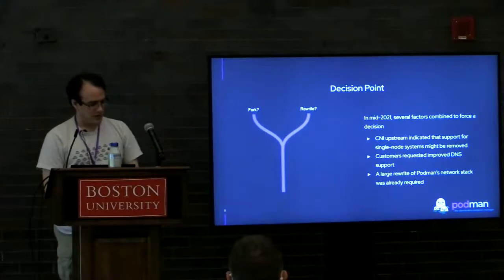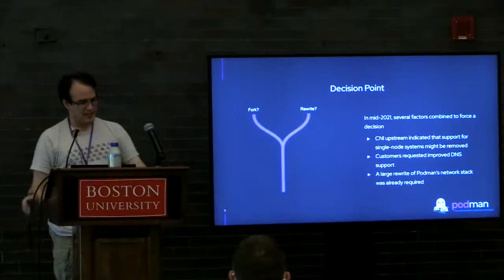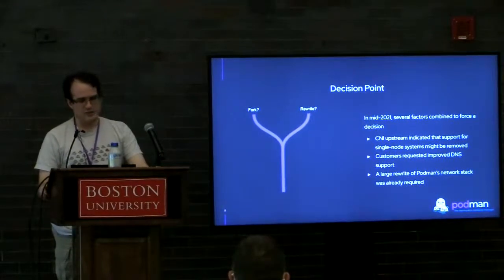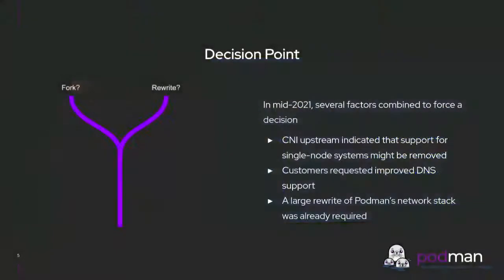So, in the second half of 2021, things came to a head. There was a serious conflict between where CNI wants to focus on clusters with Kubernetes and where Podman wants to focus on single node. There's just too much divergence at this point. And the CNI maintainers came to us and indicated that they were having serious discussions about deprecating our use case, deprecating single node operations.